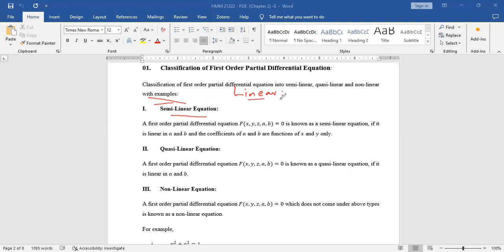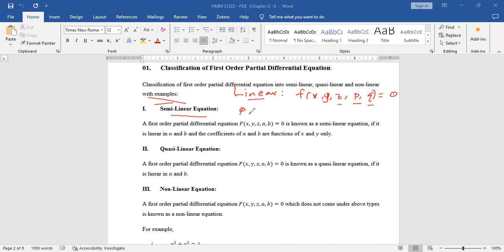So we know linear equations in the first order look like this: f of x, y, z, p comma q is equal to 0. It's known as linear if it is linear in p, q, and z. So the equation may look like this.